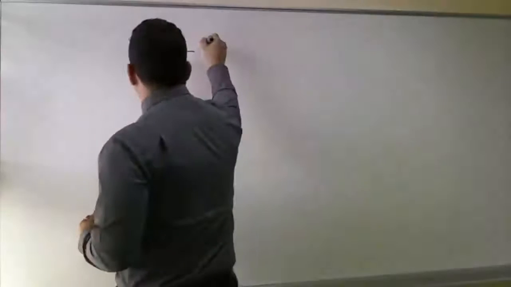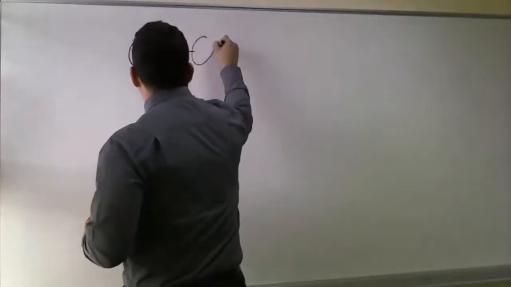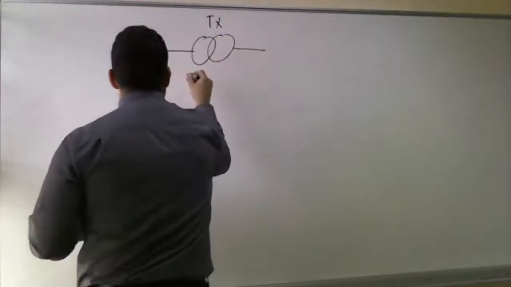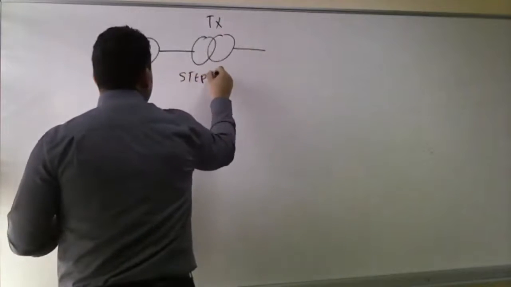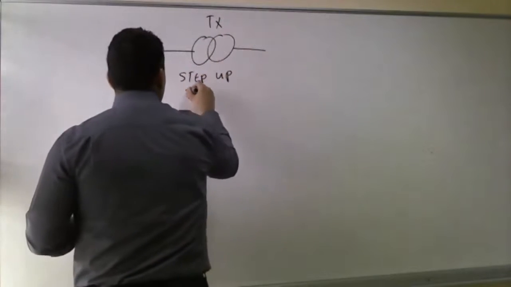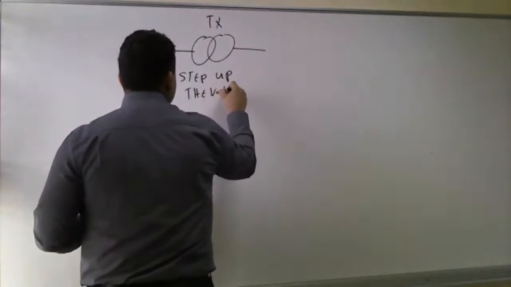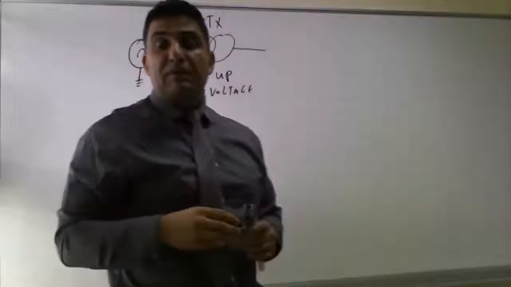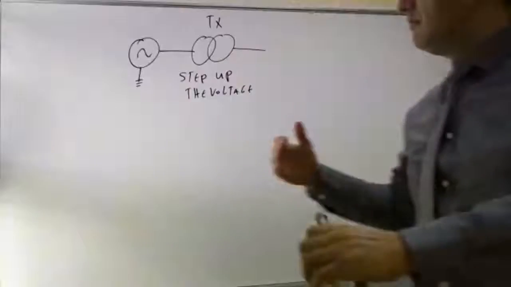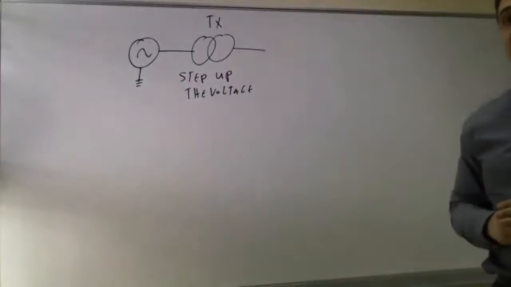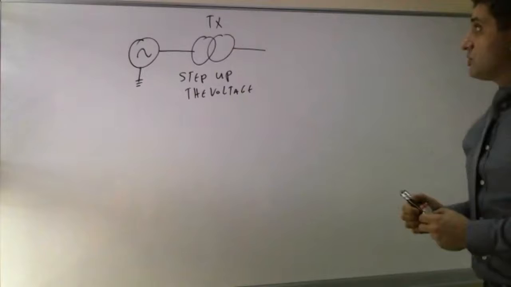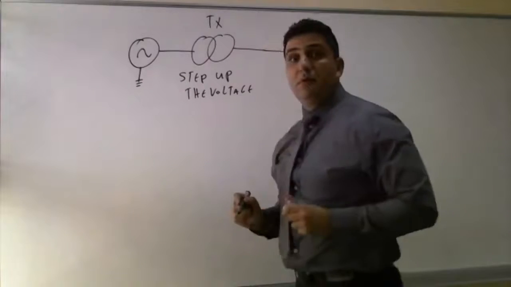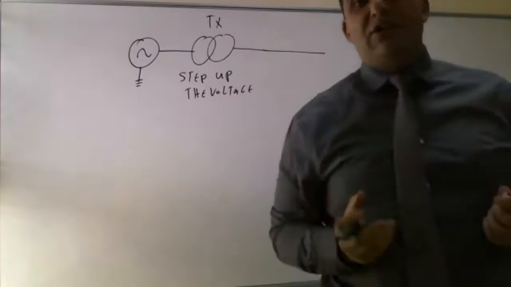That's why I will use a transformer, this one, to step up the voltage. When I step up the voltage, this current will be reduced and I can transfer it using the transmission line system. This transmission line will go to a substation.